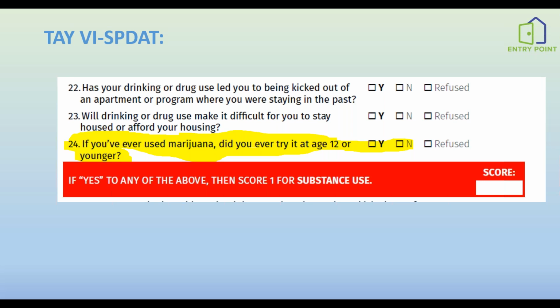So in many ways, it's none of our business whether someone uses marijuana or any other substance, right? But so that's why this question might seem a little odd. But again, this is predicated on research that shows that having used marijuana before the age of 12 is a predictive factor of negative outcomes of homelessness and other kinds of harms in the future.